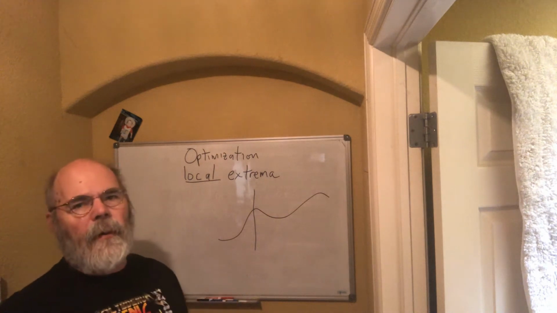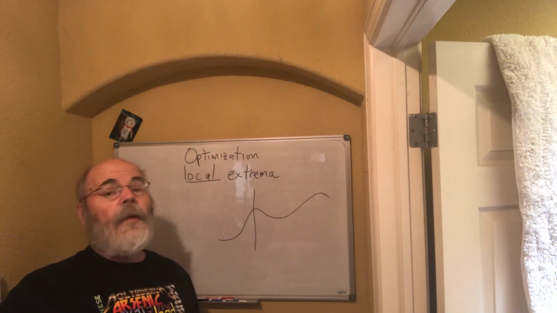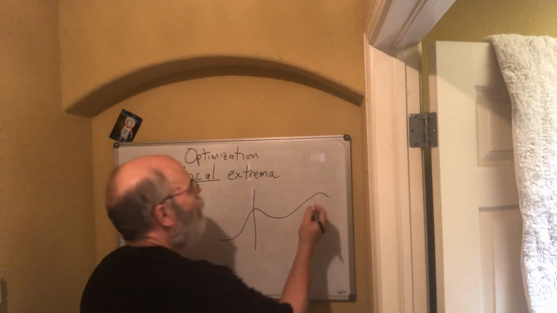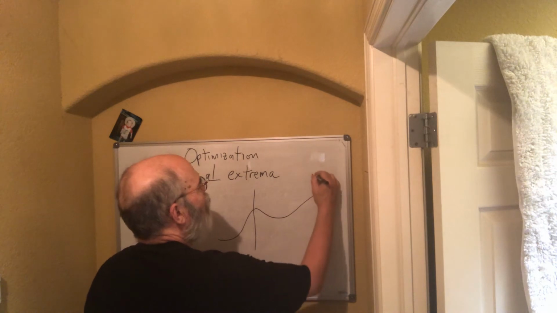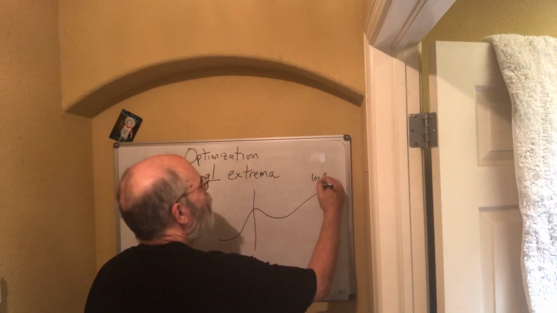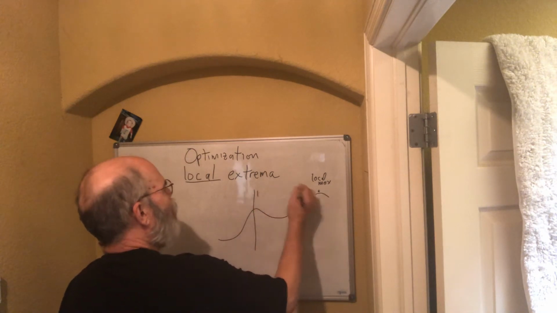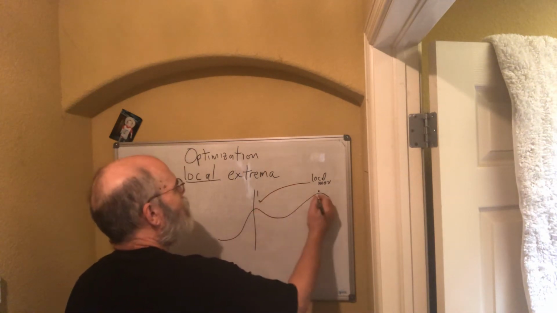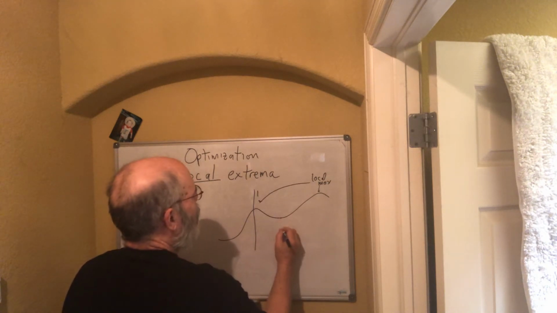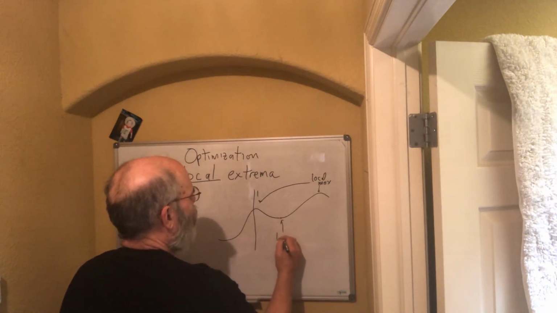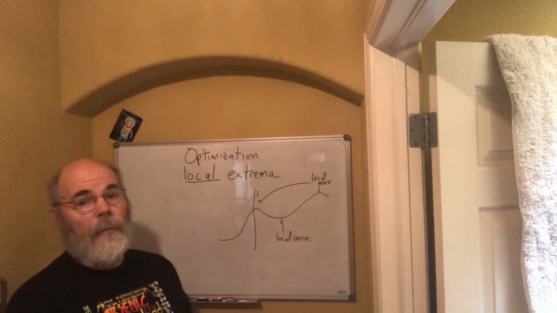Local extrema are points that are either larger or smaller than points nearby. So in this picture, that would be a local max. Over here we also have a local max. Whereas, say, this one here would be, of course, a local min.